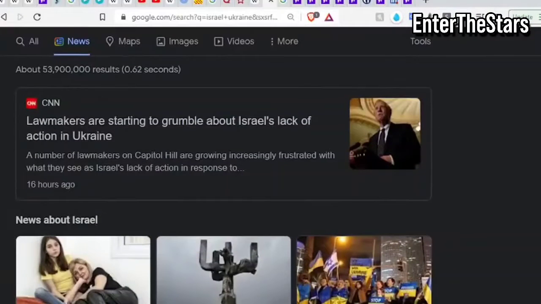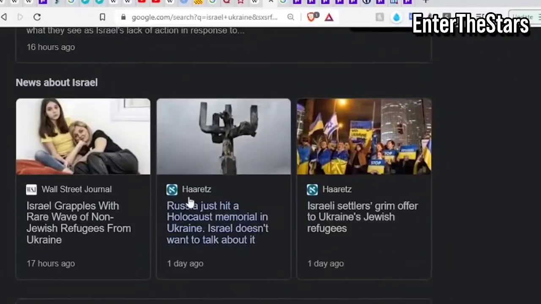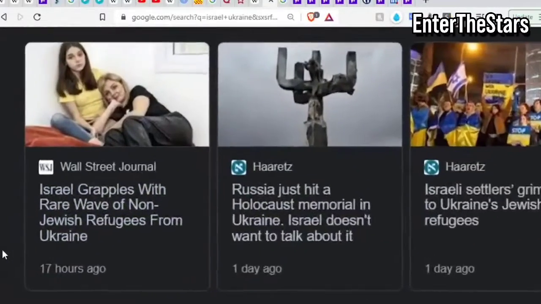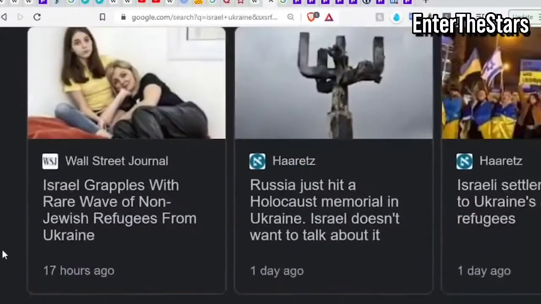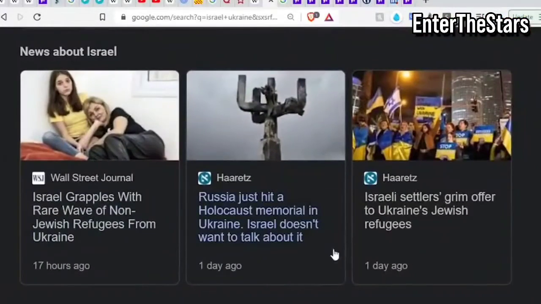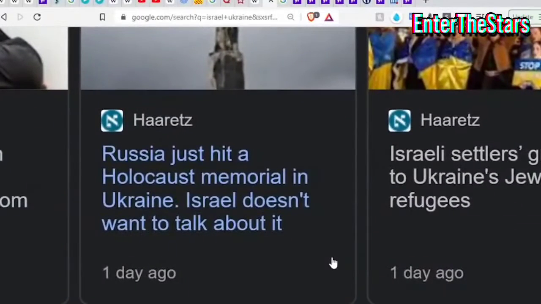Lawmakers are starting to grumble about Khazariel's lack of action in the UK crane. They also seem to be complaining about a rare wave of non-bluish refugees. Also, here's a memorial that got hit in the UK crane, and they don't want to talk about it.